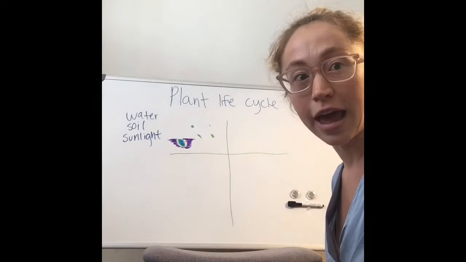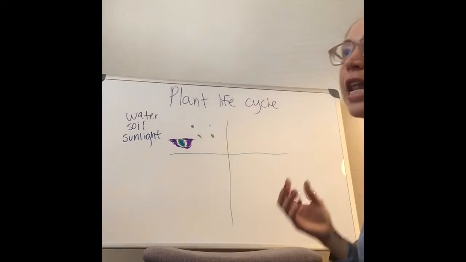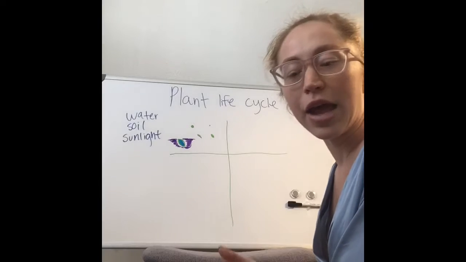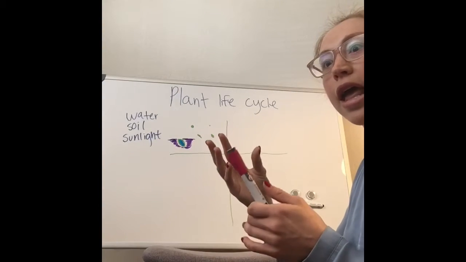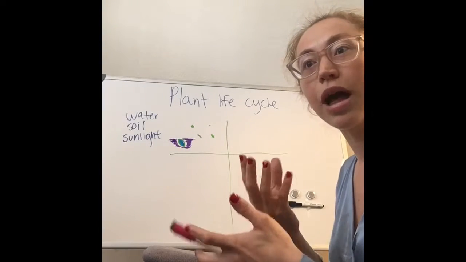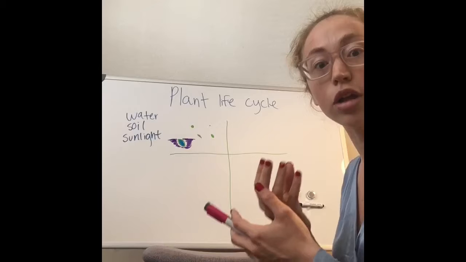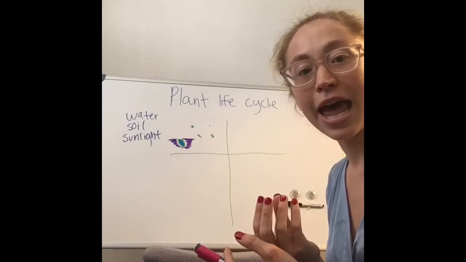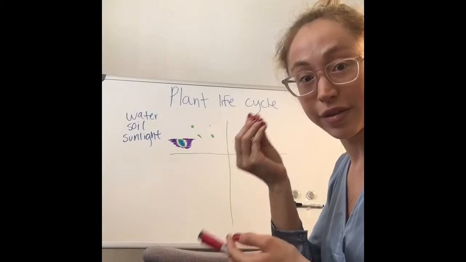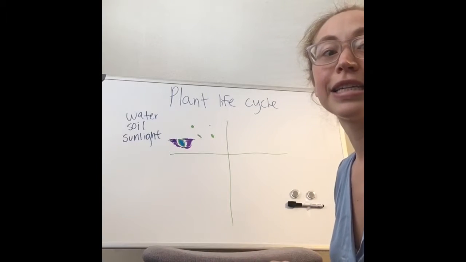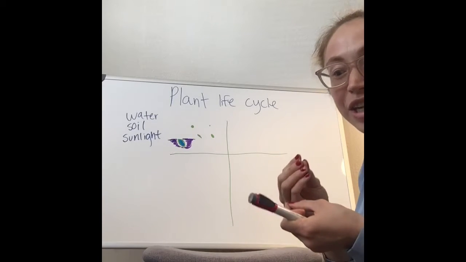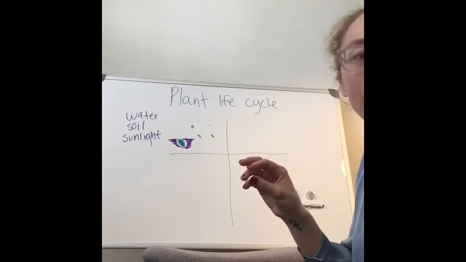It will soften that, and then it also needs sunlight, because as that protective coat is softening, the sunlight will help warm things up in a process called germination. And then what will happen is that a little sprout will come through the seed, and that starts the process of the seed growing into a plant.